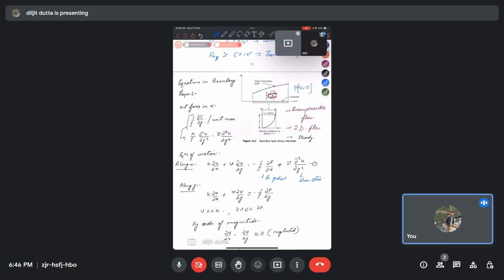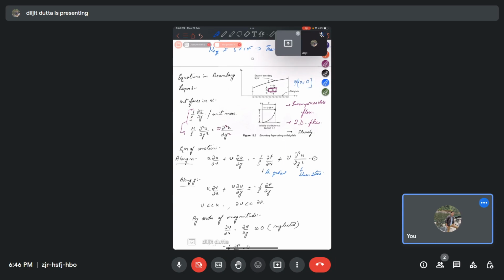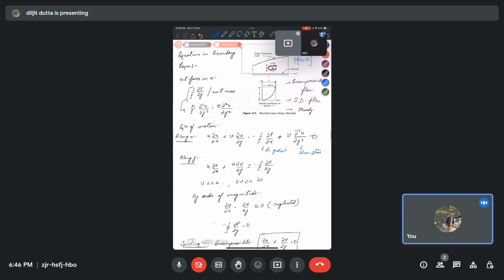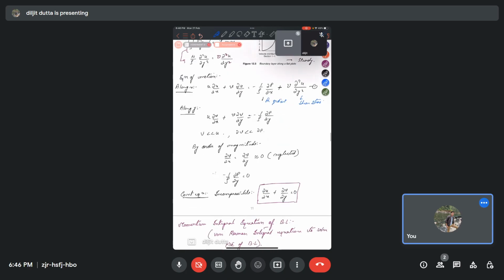So del square v by del y square will almost tend to 0, and del v by del x and del v by del y will also tend to 0 compared to the pressure gradient. If we apply order of magnitude studies, these terms tend to 0 and are neglected. So the only remaining term is 1 by rho del p by del y equals 0.